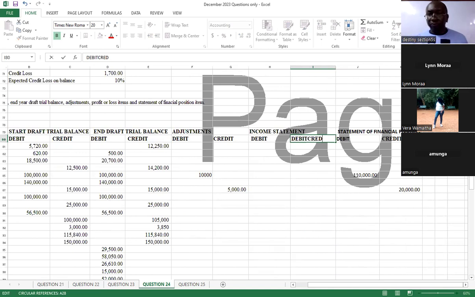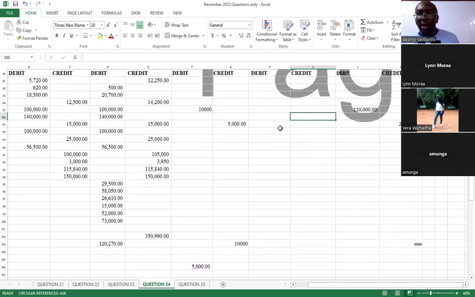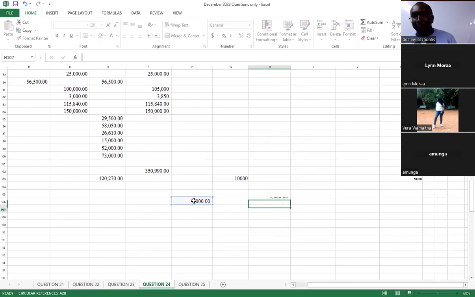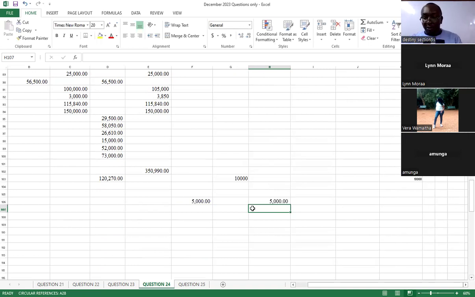So this one is on I, so H. I need this expense to go to H, this one here. So equals this. Yeah, good. So we are through with that item for the depreciation. Let's do the same with the other one.